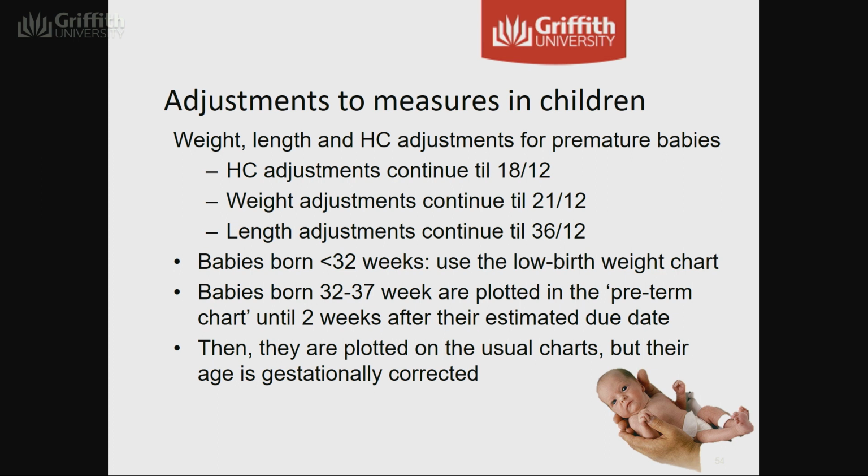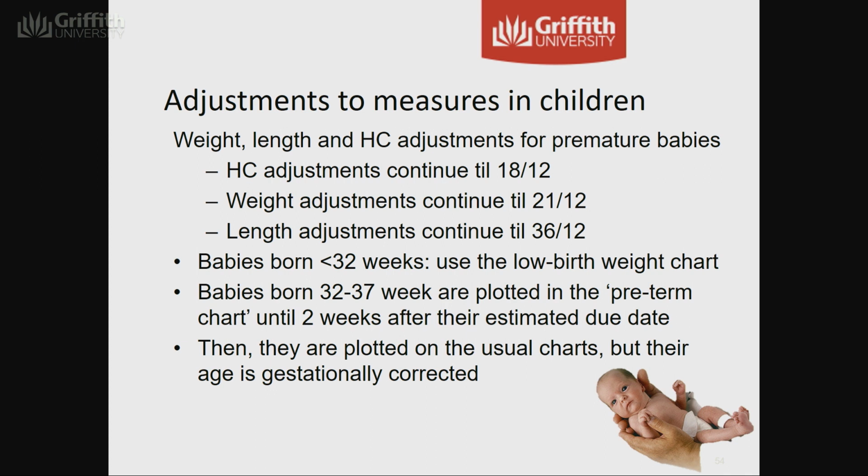So what you need to do is go back to conception and plot their age based on their conception date rather than their actual birth date. For babies born less than 32 weeks, there are actually low birth weight charts that you can use, and babies born between 32 and 37 weeks are plotted on the preterm chart until 2 weeks after their estimated due date.